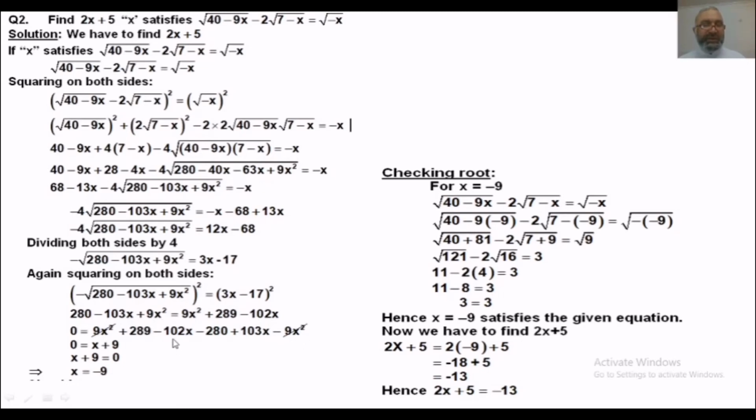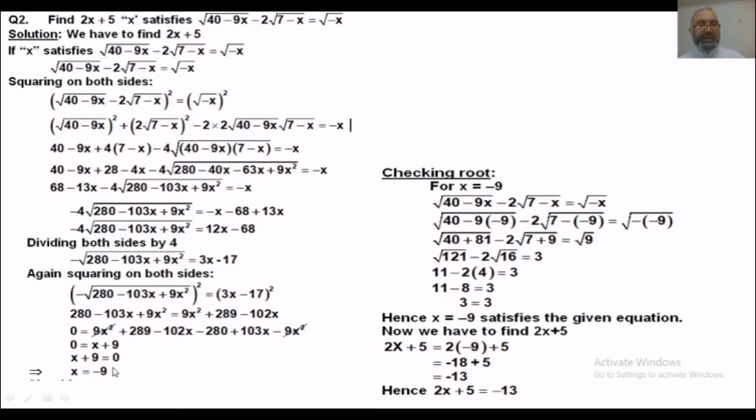Similarly, minus 102x plus 103x becomes only x. Plus 289 minus 280 becomes 9, that is x plus 9 is equal to 0. So transferring 9 to the right hand side we get x is equal to minus 9, which is the root or the solution of this equation.